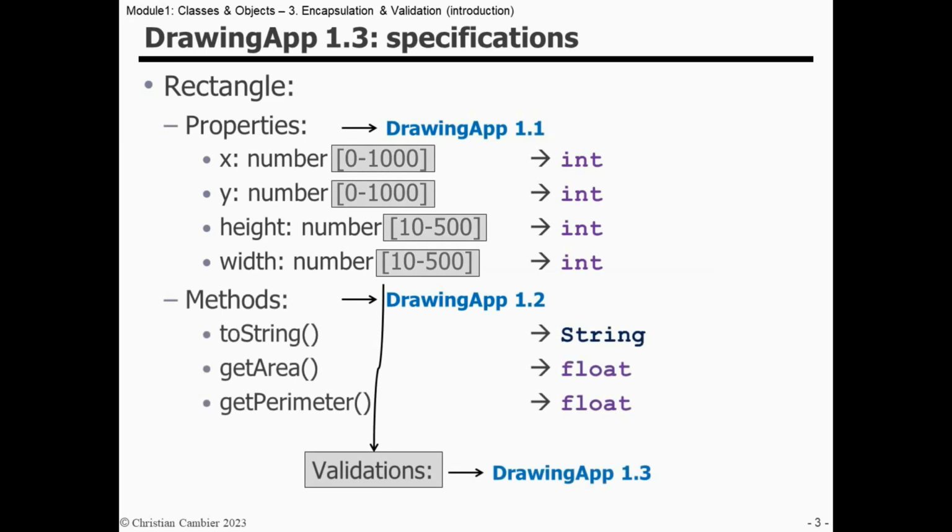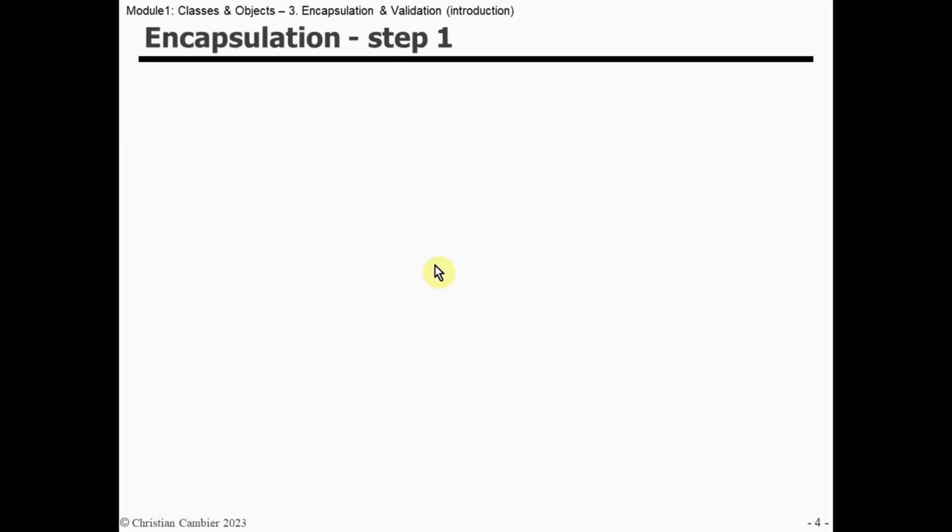The goal is to prevent any client from assigning values to the properties that do not fall in the range of accepted values. So for x and y properties, only the values between 0 and 1000 included may be accepted. And for the height and width, only the values between 10 and 500.